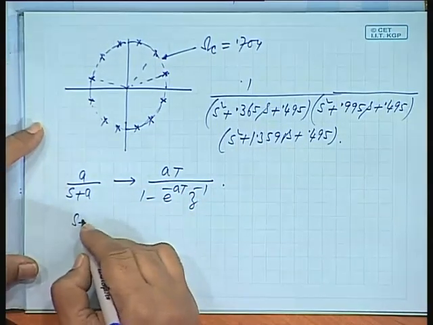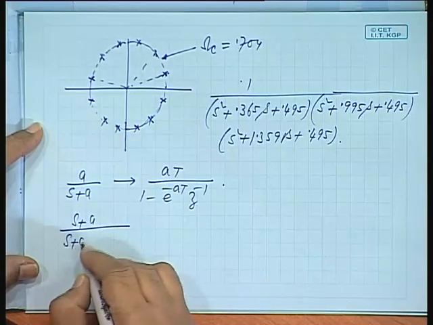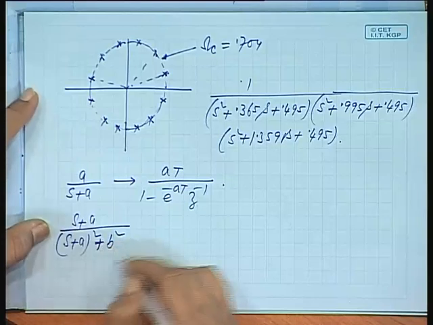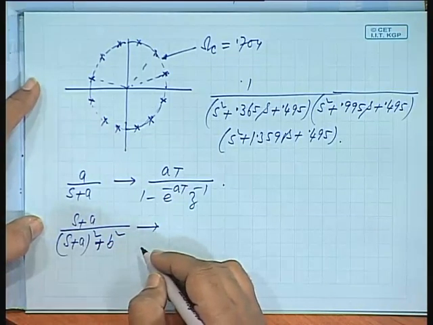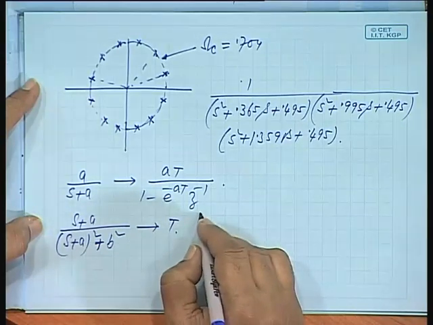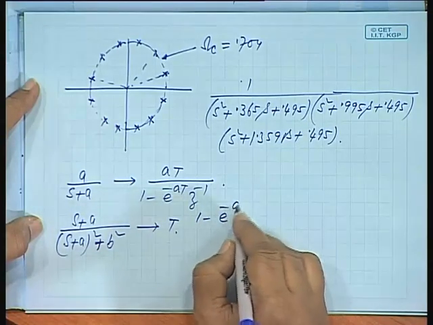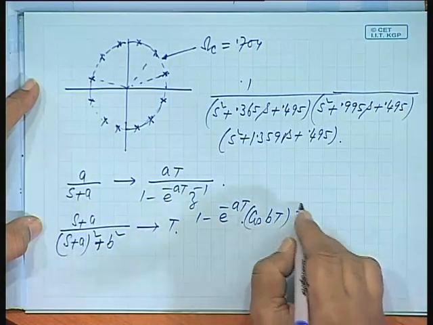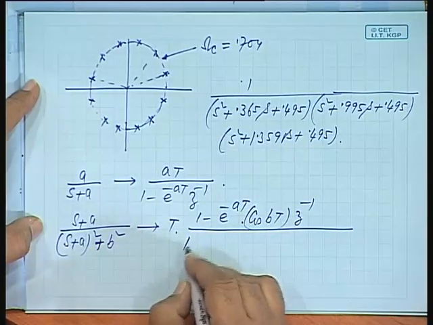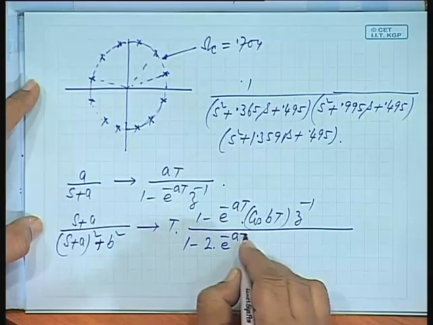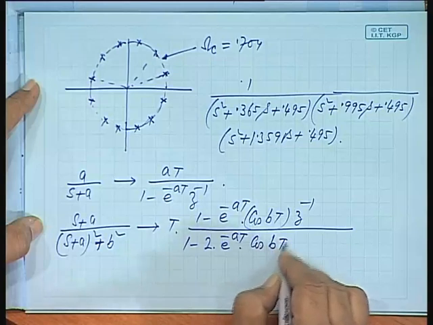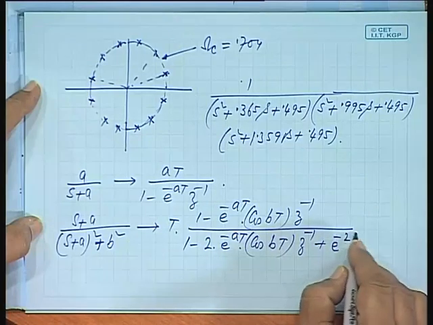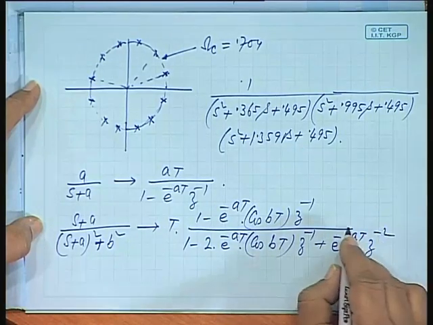Then s plus a by s plus a whole squared plus b squared, exponentially decaying cosine function, corresponding z transform is t into 1 minus e to the power minus at cos of bt into z inverse divided by 1 minus 2 into e to the power minus at cos of bt into z inverse plus e to the power minus twice at z inverse squared.